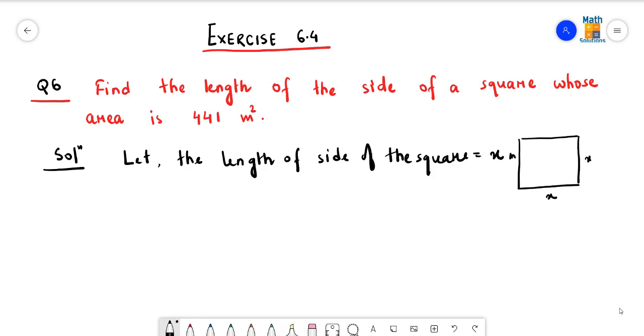Let's remove this figure. So removing this, x meter I got.